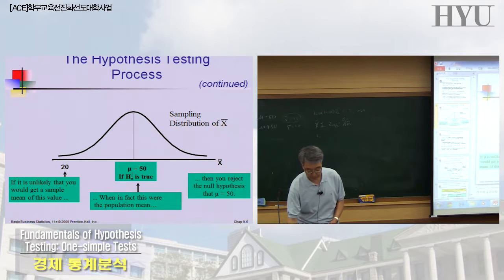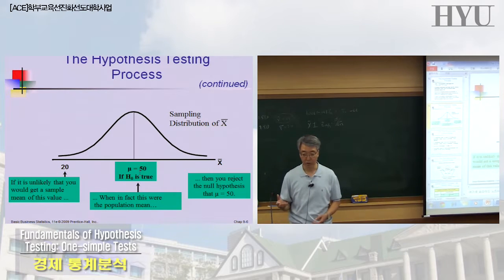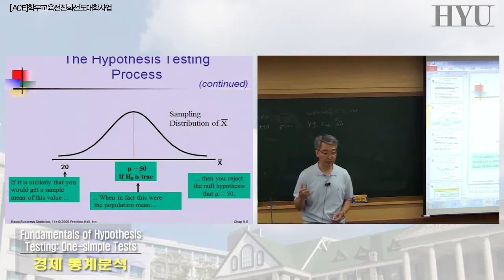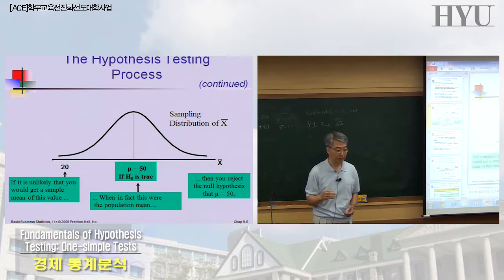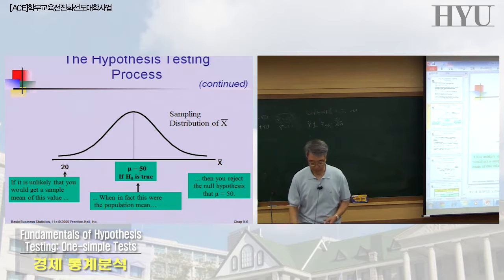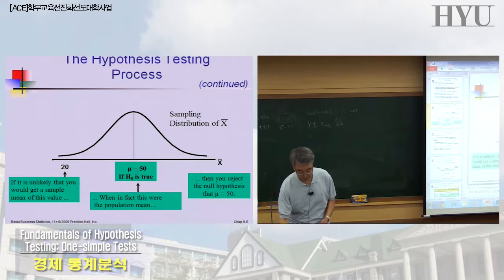So if someone claims mu is equal to 50, let's start out by assuming that's true. Again, remember, we start out by assuming the null hypothesis is true. So assuming that it's true, how likely is it that our sample result will come out to be this small? Apparently 20 is far away from 50.